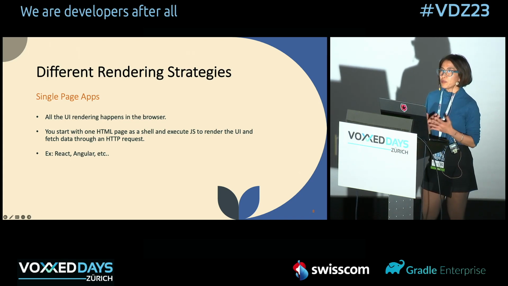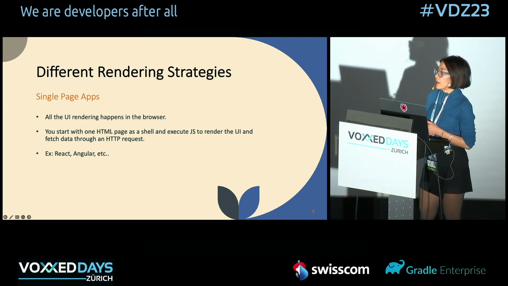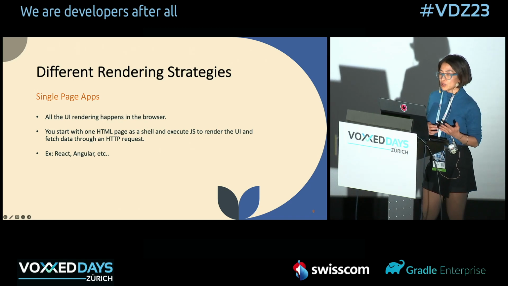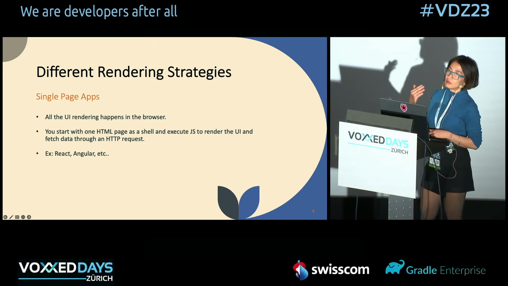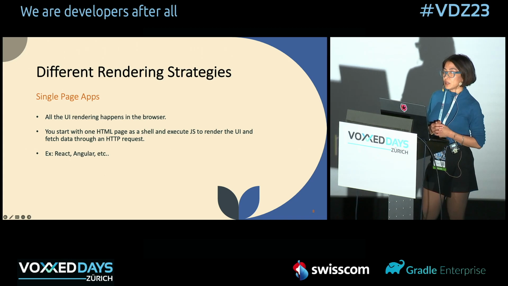In the SPA paradigm, all the UI rendering happens in the browser. Basically, you start with one HTML page as a shell and execute the JavaScript to render the UI, and then you fetch the required data with an additional HTTP request.